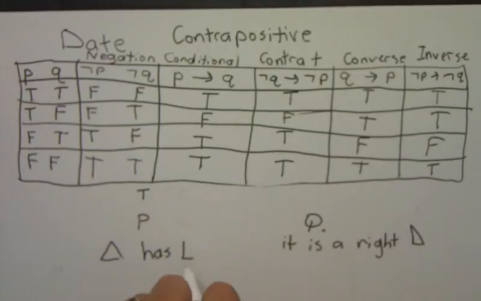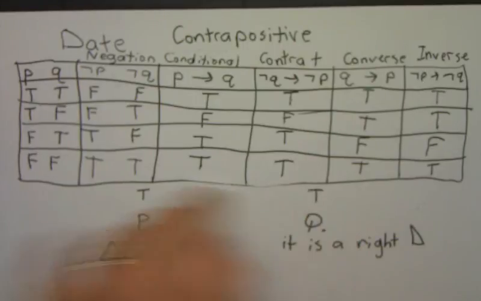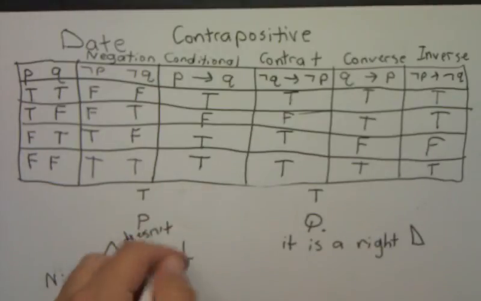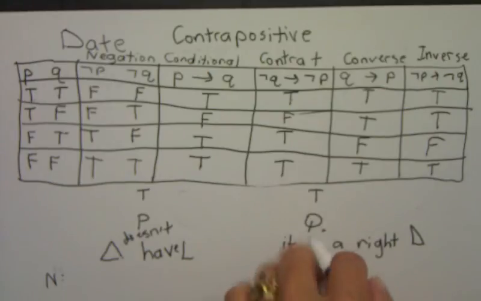So if a triangle has a right angle, is it a right triangle? Yes, it is. That's true. Now we have to do the contrapositive. So instead of has, we're going to say doesn't have. And instead of it is a right triangle, we're going to say it isn't a right triangle.